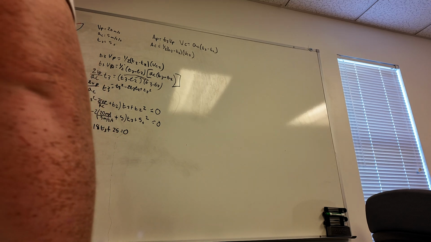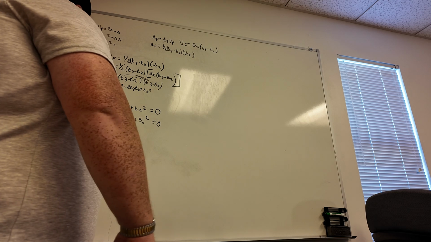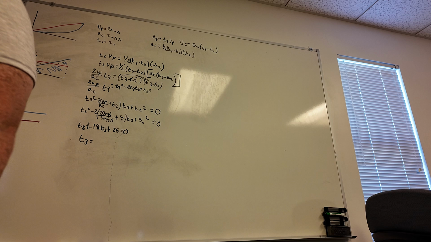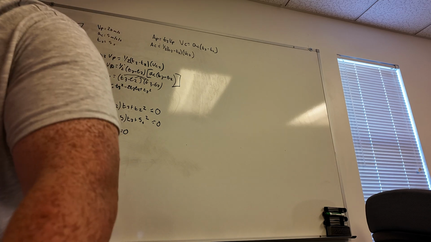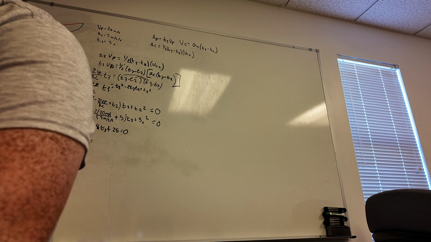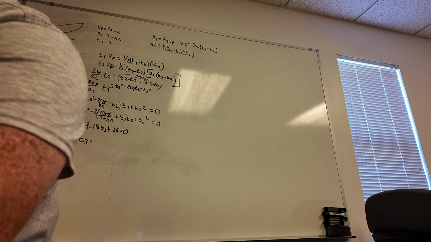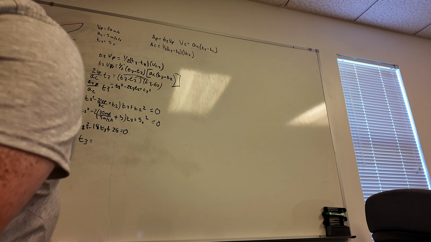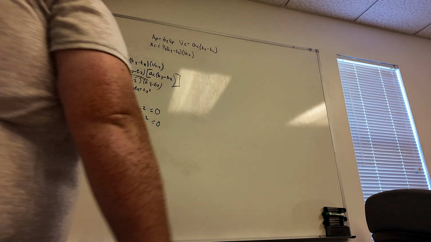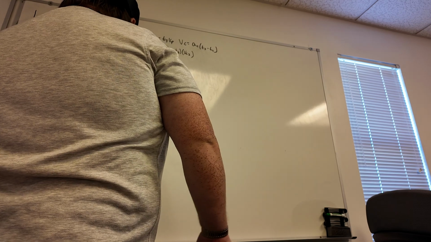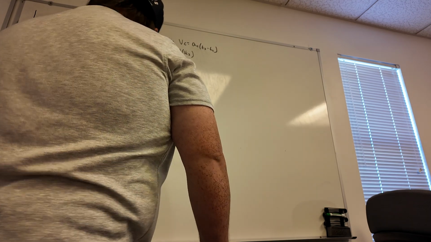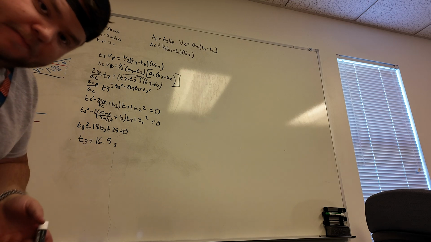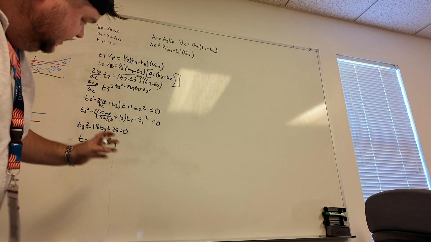So when we put that into our online quadratic equation formula, let me see, that comes out to 16.5 seconds. And that is basically telling us how long it took our cop to catch the perp.